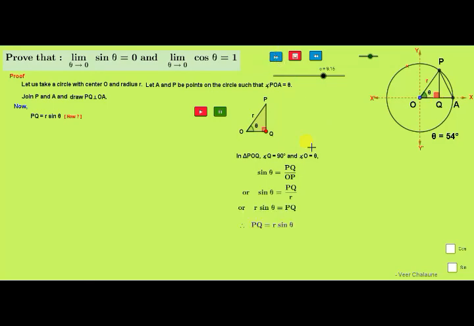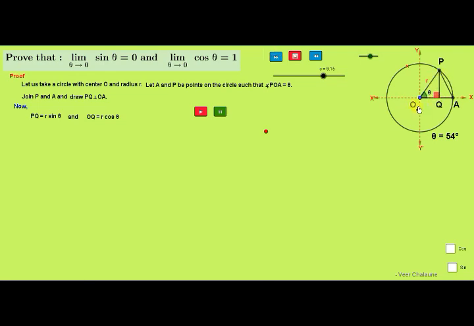So finally we get the value of PQ is R sin theta. Similarly, we need to define OQ, and likewise we get OQ is R cos theta.